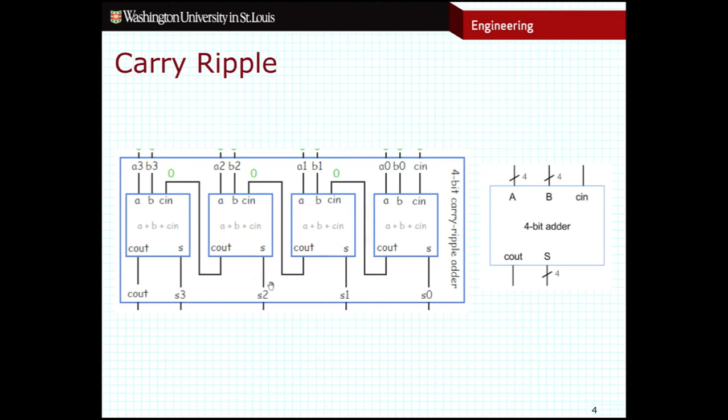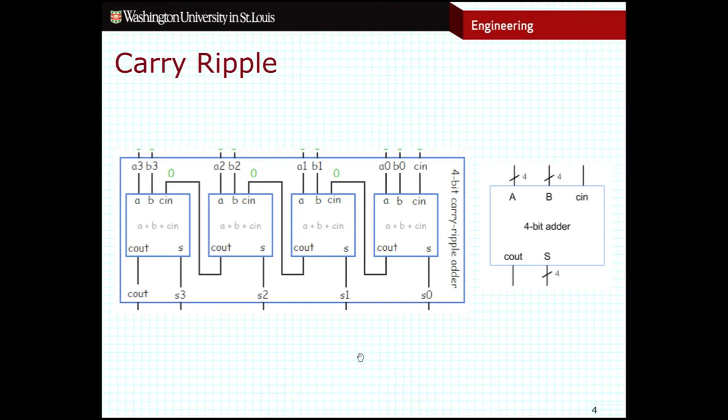And the same thing is true of S2. I can't determine what S2 is until I determine what the carry out bit is of S1, but I can't determine what that carry out bit of S1 is until I determine what the carry out bit is of S0. And the same thing for S3, except I now need to wait on all 3 of the previous ones before me.